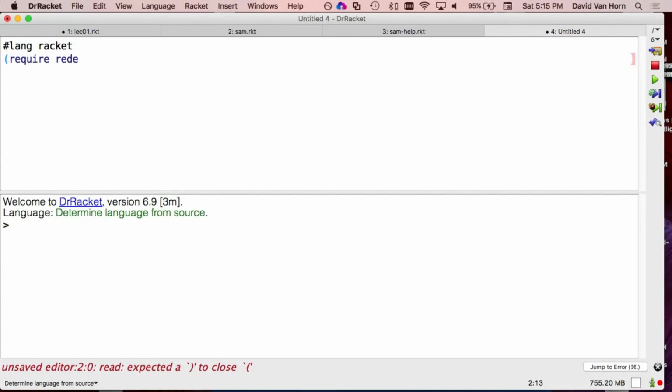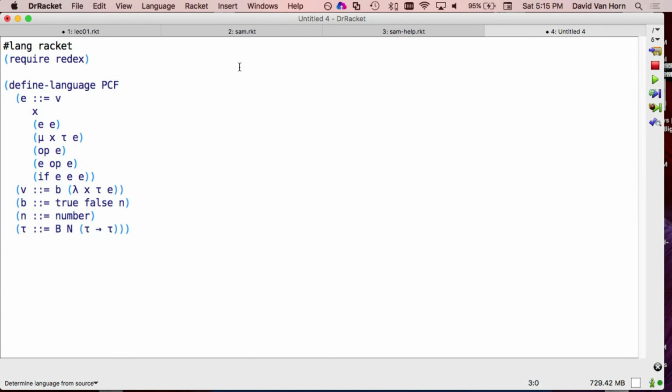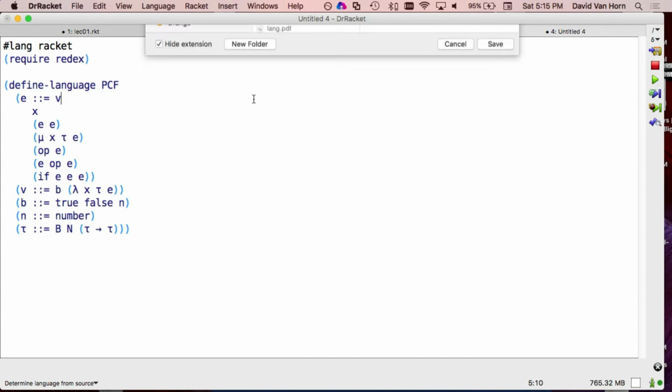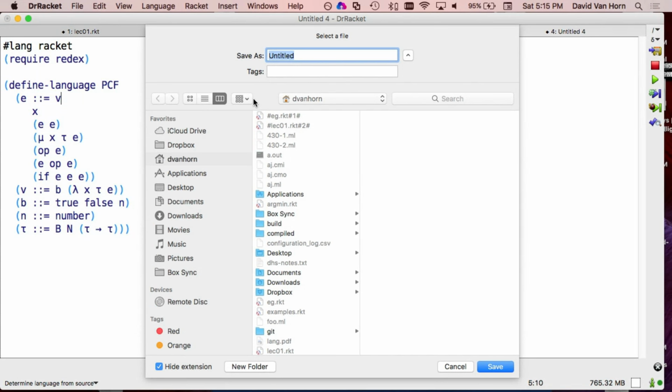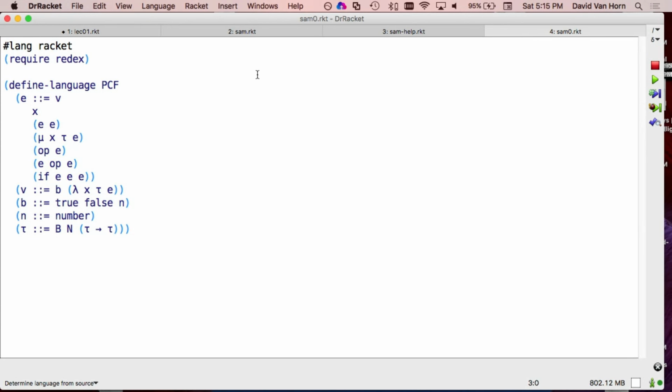So let me require Redex and define that. Let me save this just in case something bad happens. Okay, so here I'm defining a language called PCF, and I've got the grammar that Sam wrote down, modulo some placement of parentheses.